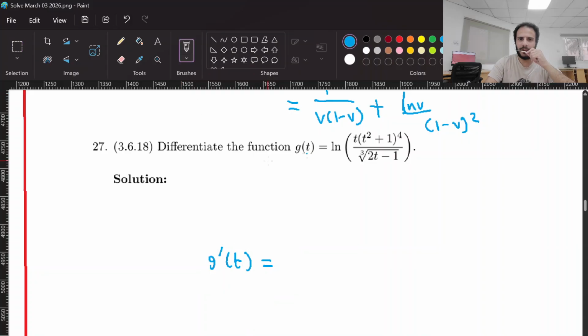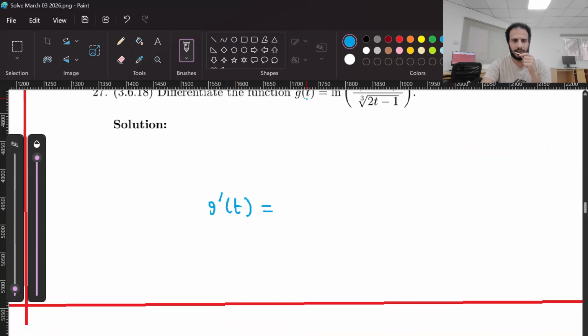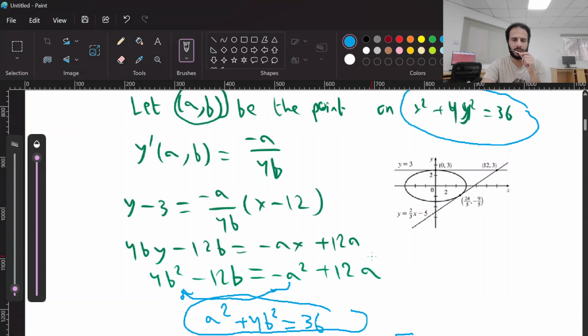The hint is that we will use logarithm properties, okay? I will show you the properties first. I need to show you the rules first, then we use them to solve the problem.